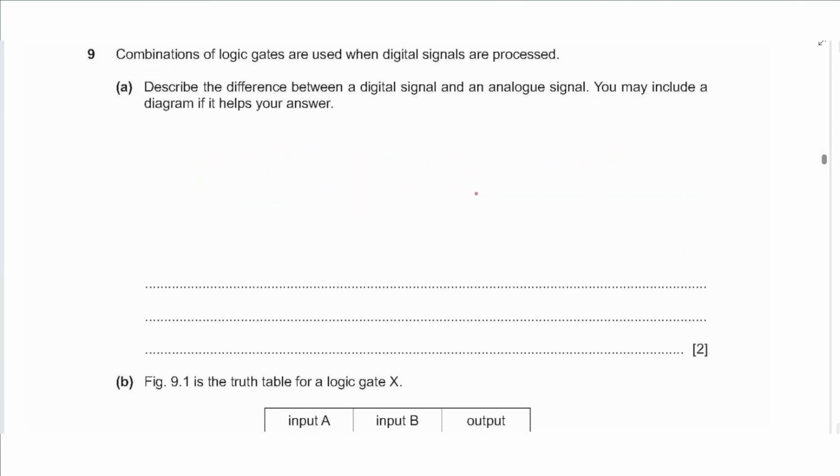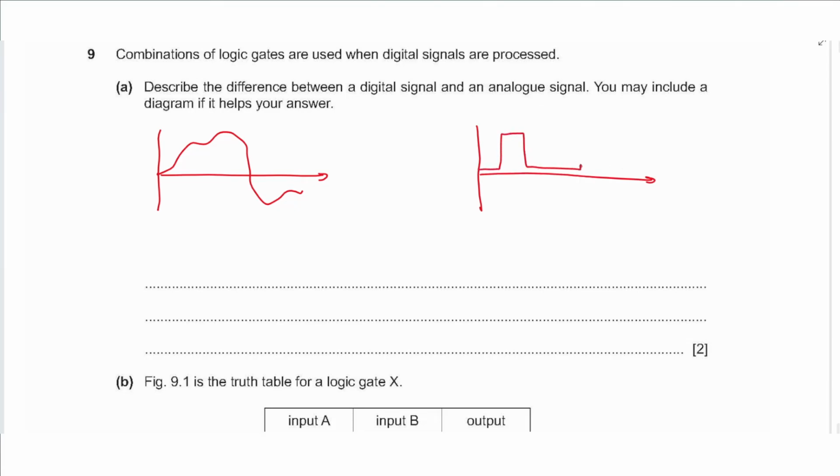The next question says combinations of logic gates are used when digital signals are processed. Describe the difference between a digital signal and an analog signal. You may include a diagram if it helps you. So we can draw an analog signal that varies continuously like this, taking any value, and a digital signal only has specific values, so we can use these levels as discrete levels.